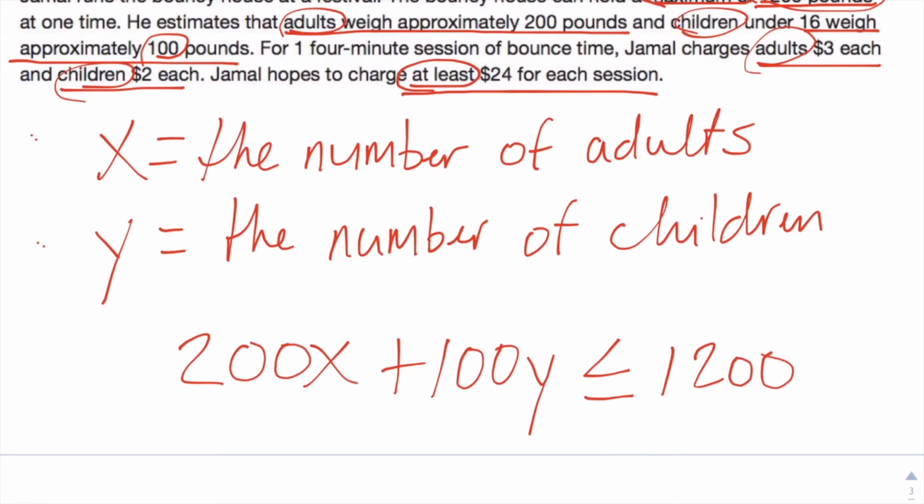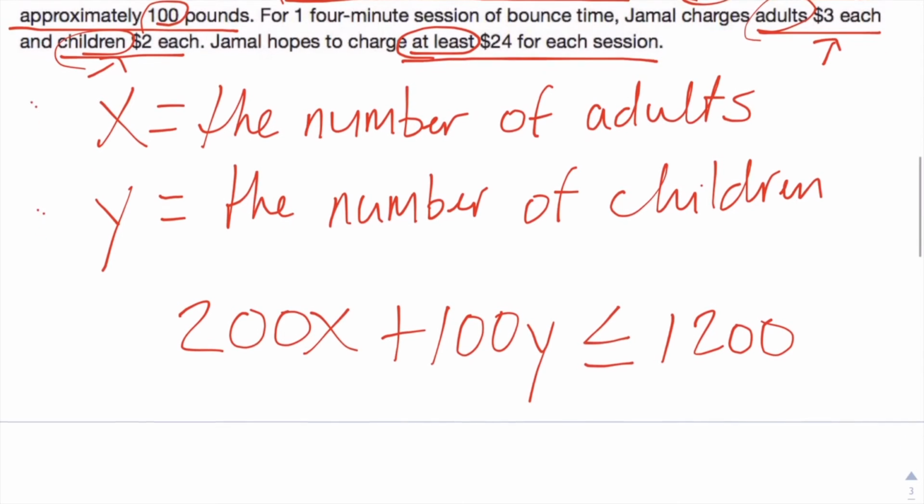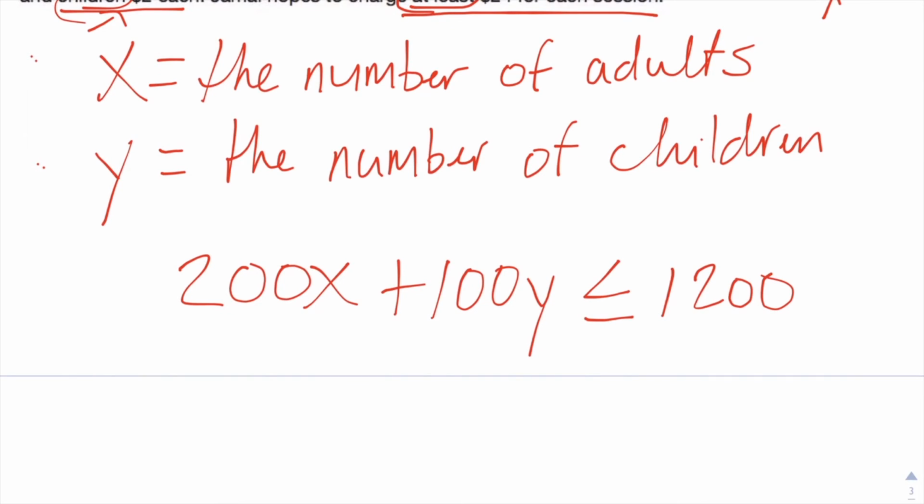Alright, now we have how much he charges. So it says Jamal charges adults $3 each and children $2 each. So x is the number of adults.